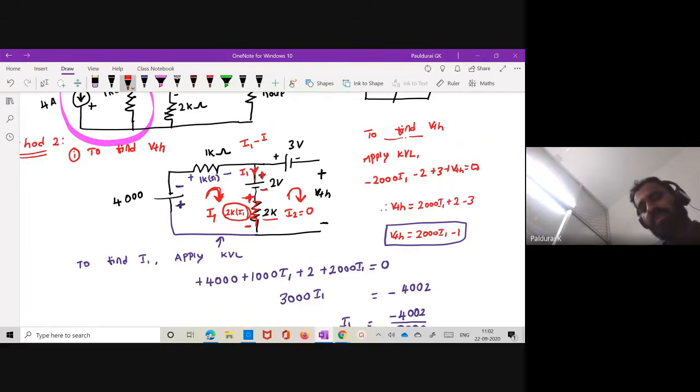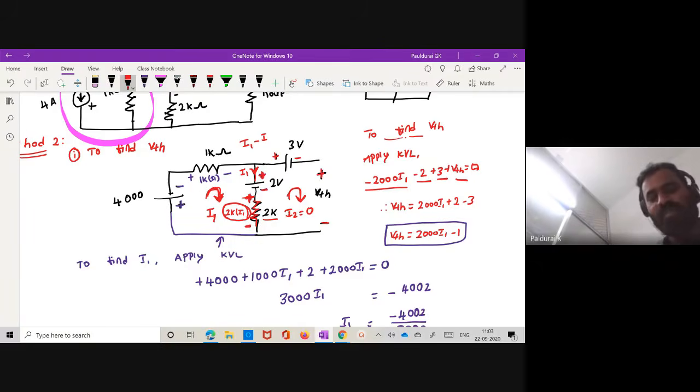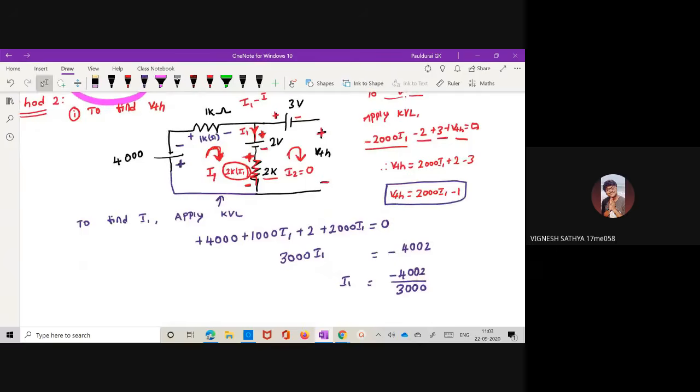Okay, so now apply KVL: minus 2001, minus 2 plus minus 2, plus 2 minus plus 3, plus 2 minus plus VTH. Got it, Vignesh? Okay sir. It is only the direction, sir, because the direction is as usual clockwise. Okay sir, fine.